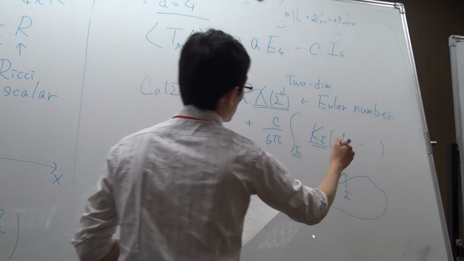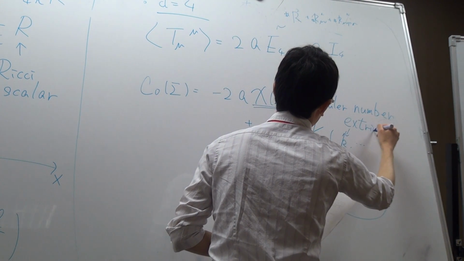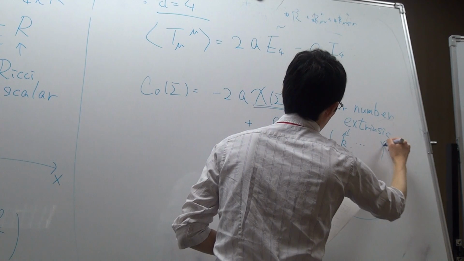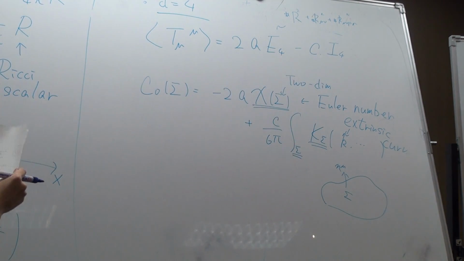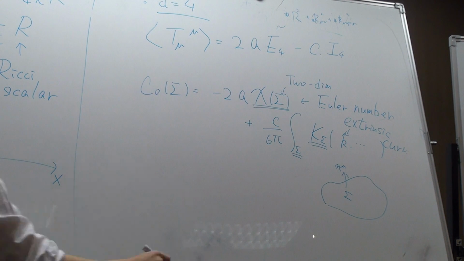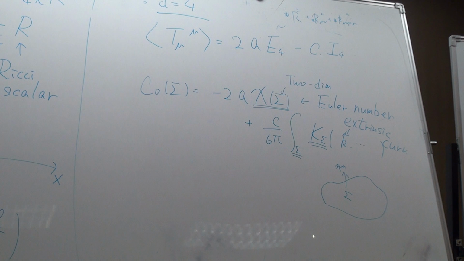So this K is the extrinsic curvature. Anyway, you can compute the coefficient in four dimensions also.